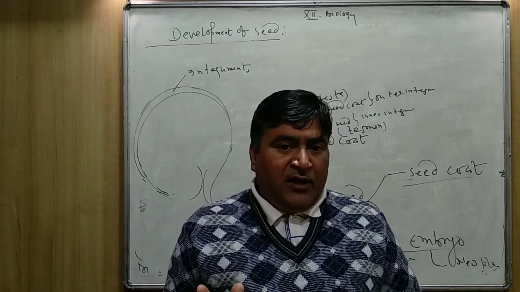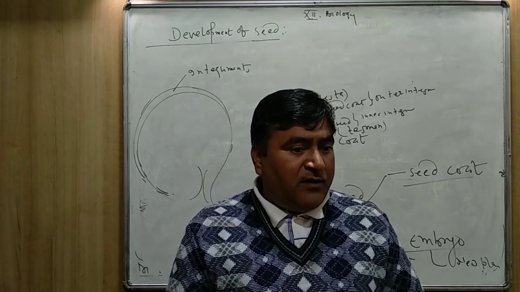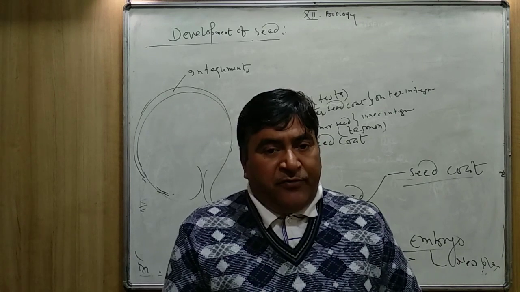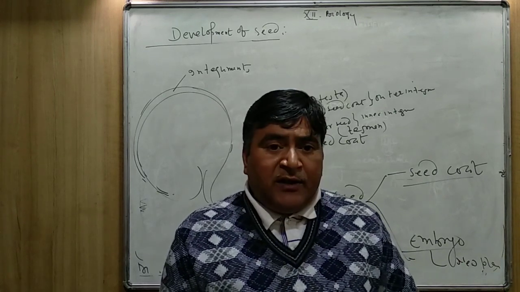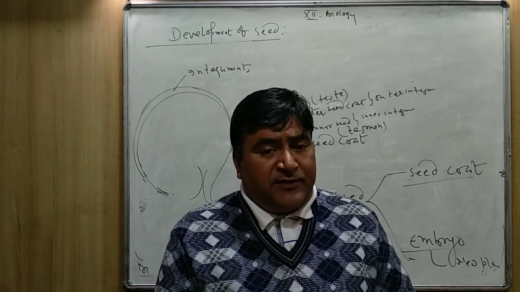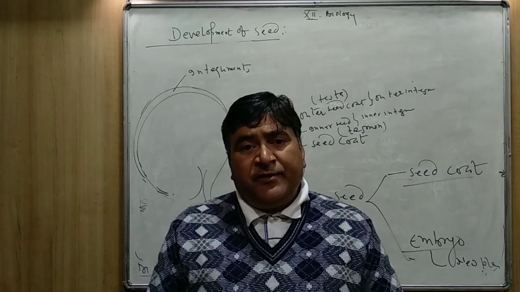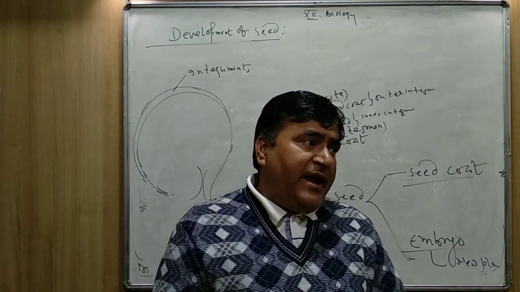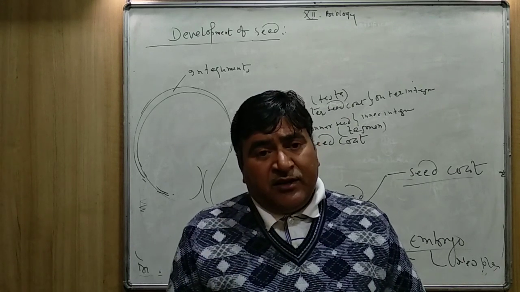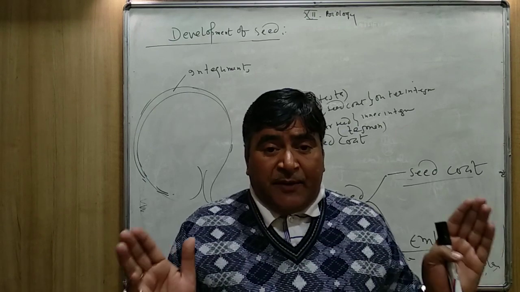Earlier I have taught you about endosperm, like castor, maize, wheat, coconut. These seeds are albuminous seeds. And non-endospermic seeds are the seeds in which the endosperm is completely utilized and the remains of endosperm are absent.